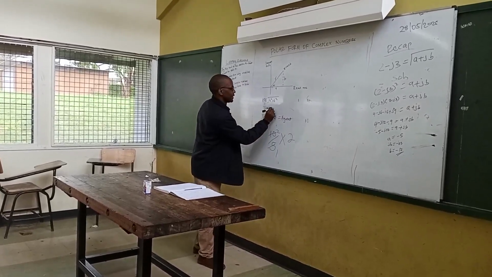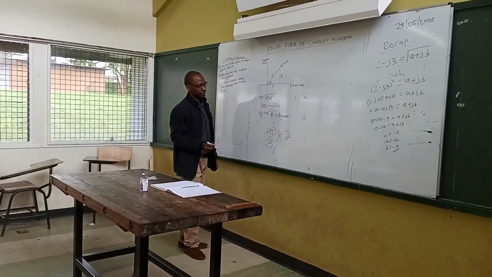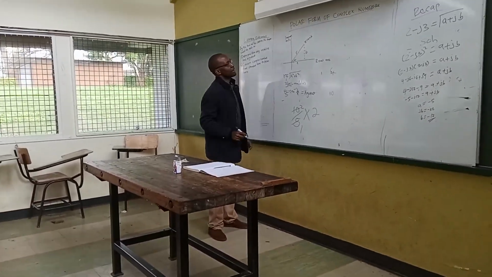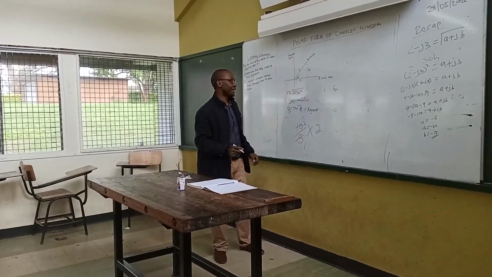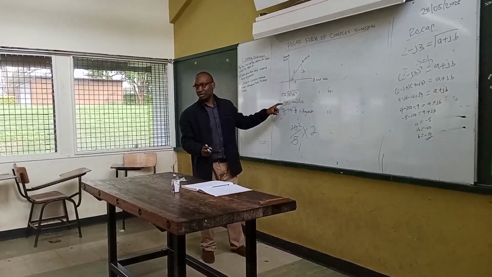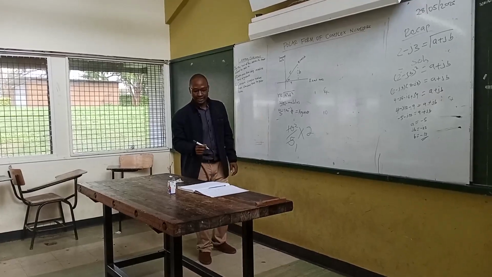And this is the modulus. So when you are given an equation like z is equal to a plus jb, and you are asked to find the modulus and also the argument, we know how to go about it, right? Let's use one example.